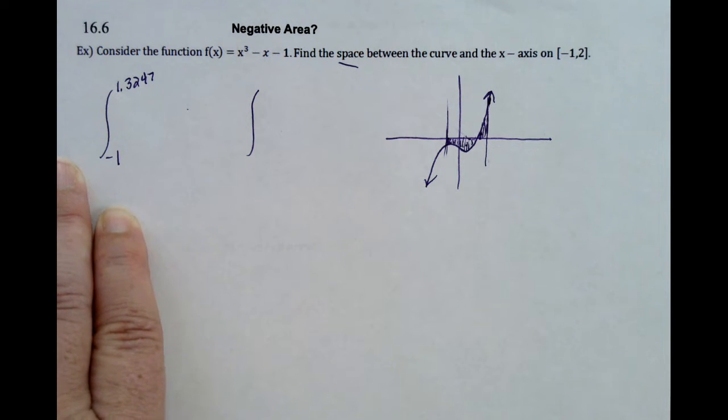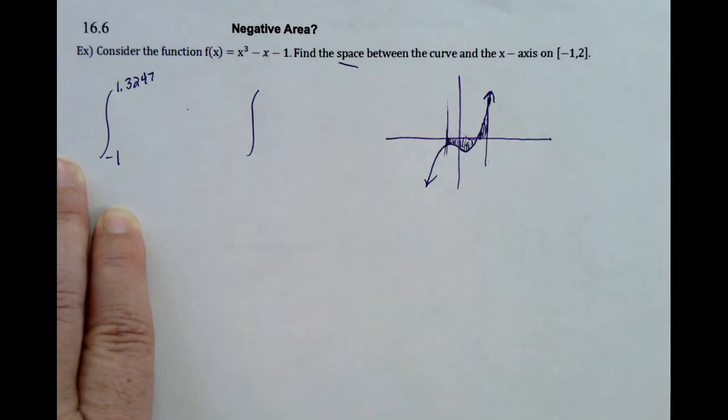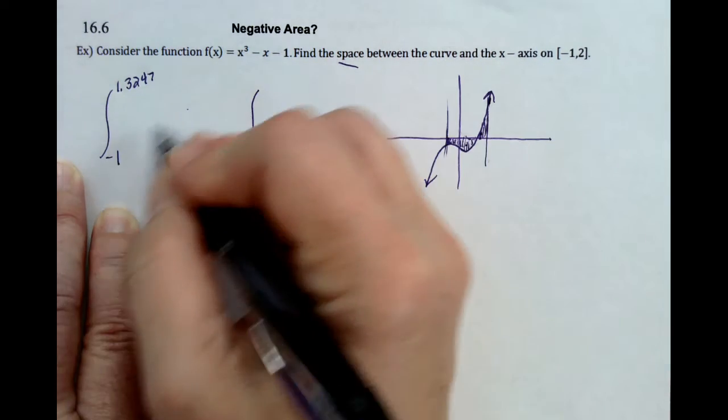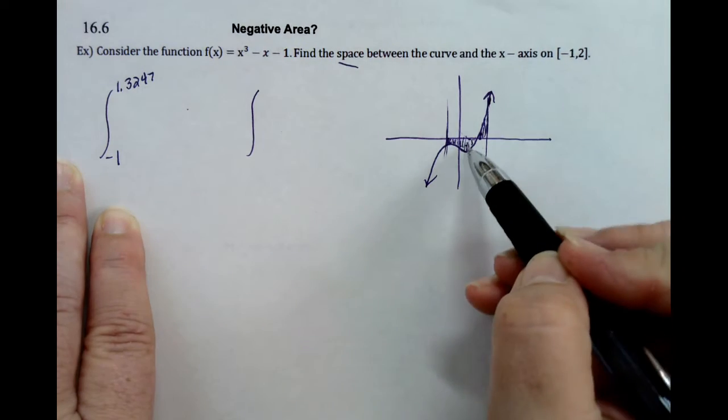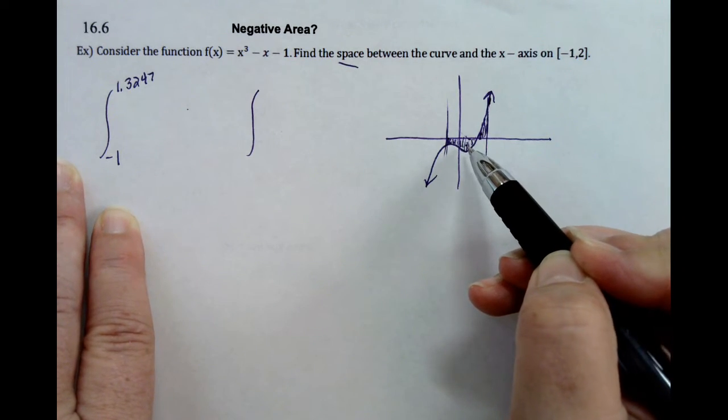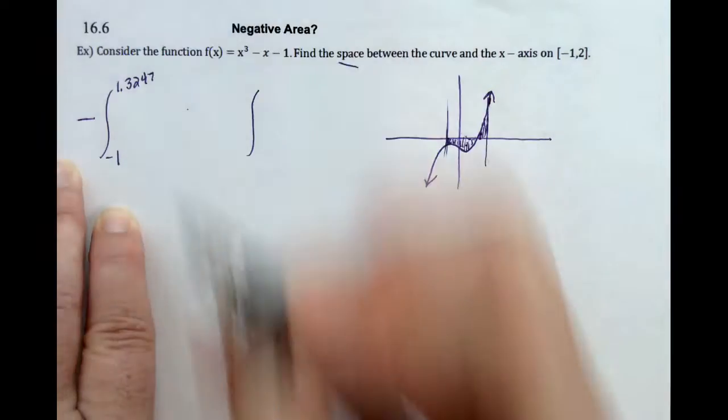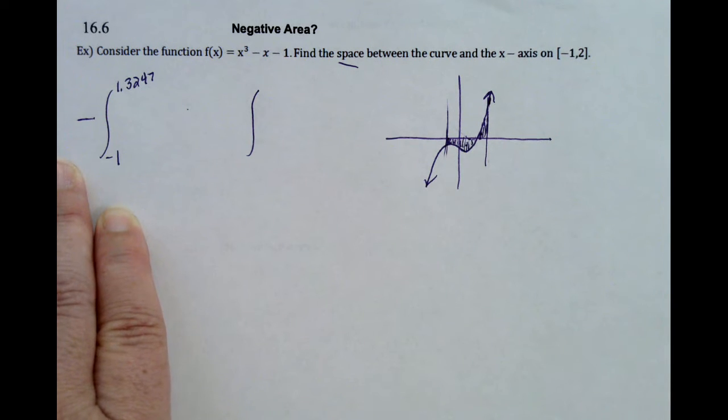But I know that that integral will be negative because the area is below the x-axis. So I'm going to put a negative in front of it, which will make it positive. Actually, you could do an absolute value.